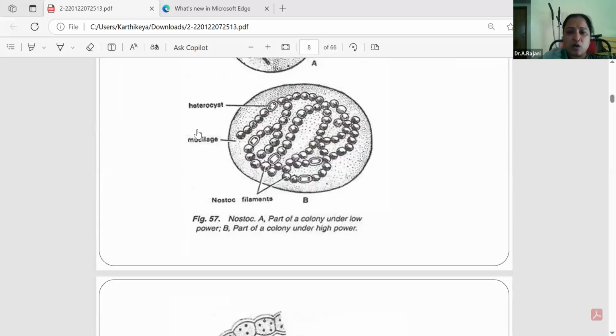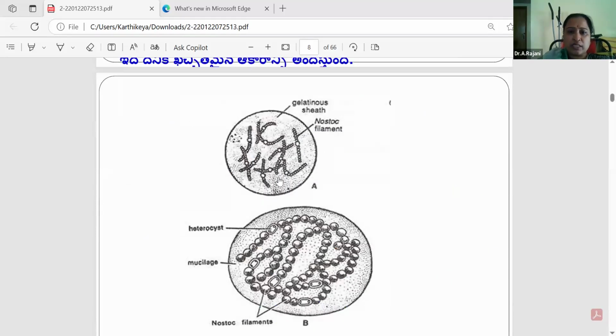See, this is a colony. This one is a colony, and here also a colony is there. The thalli are present in the form of colonies. All ball-like colonies are enveloped by one gelatinous sheath. Each and every ball is greenish or bluish in color.